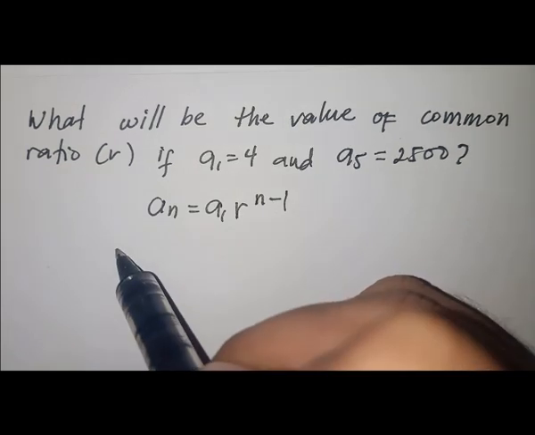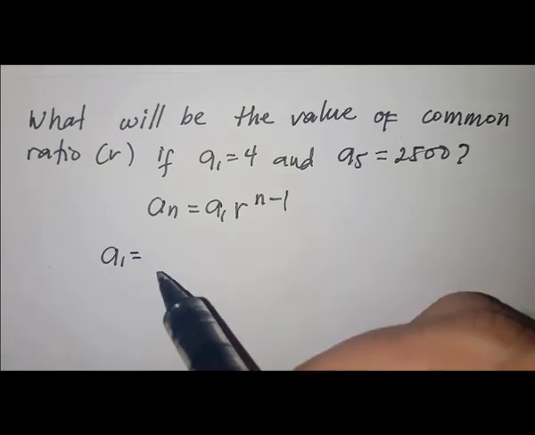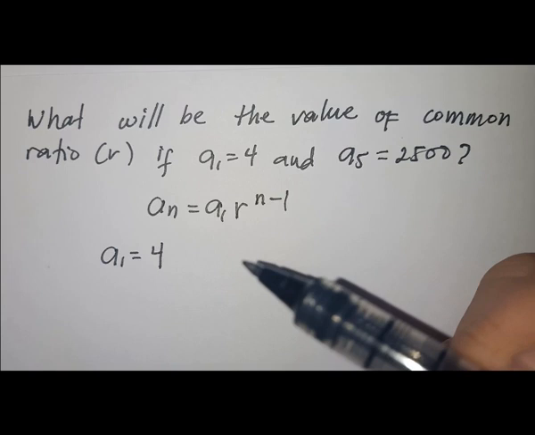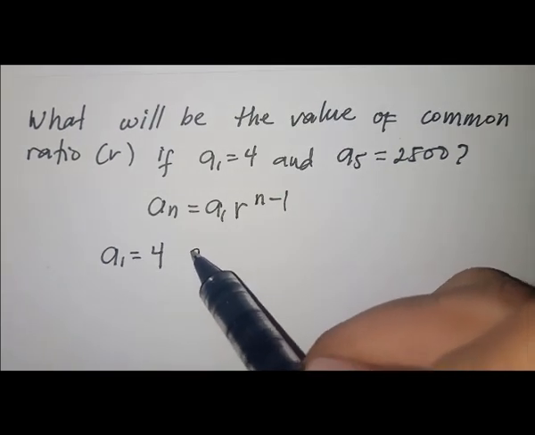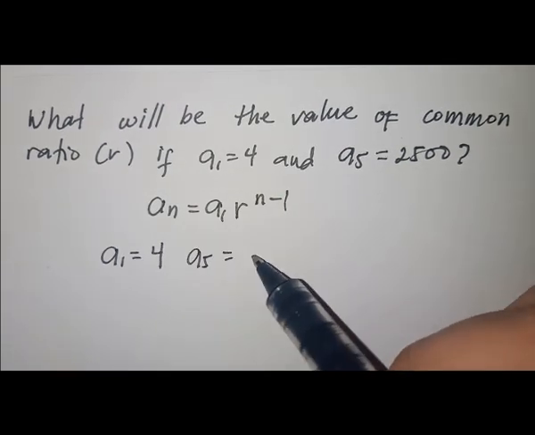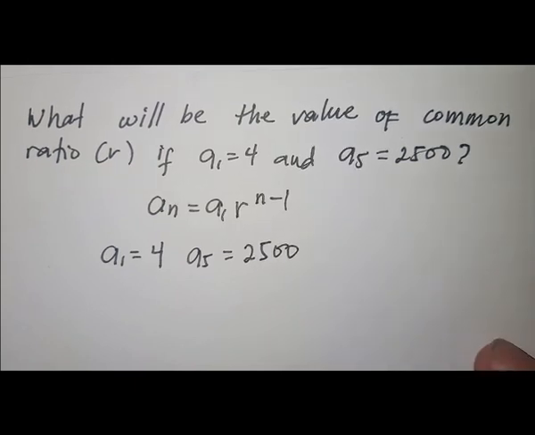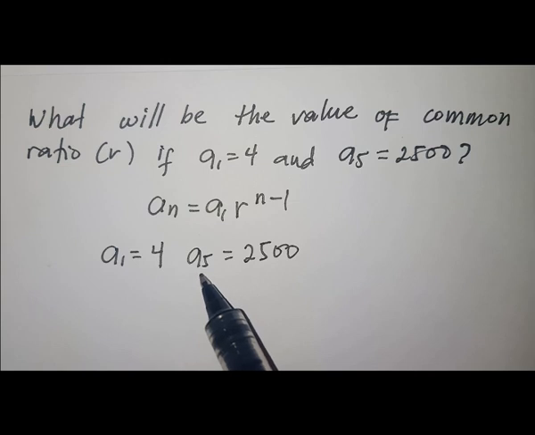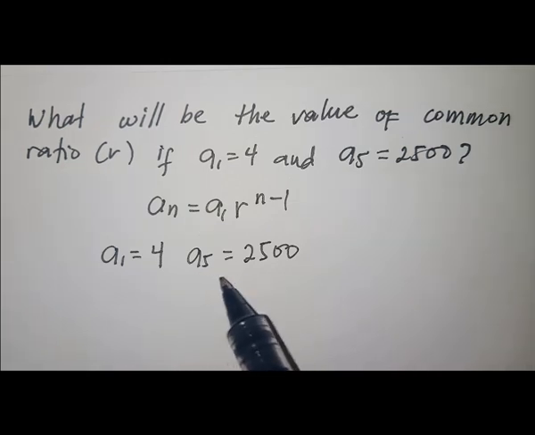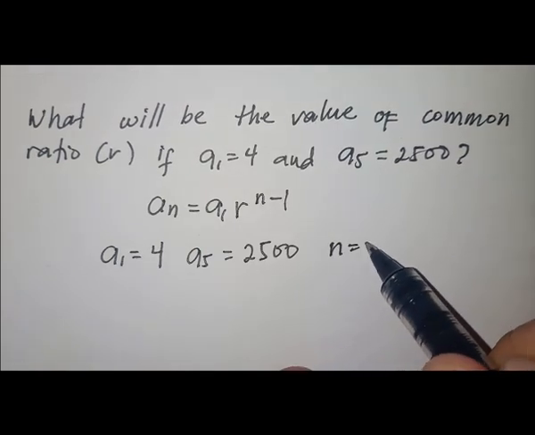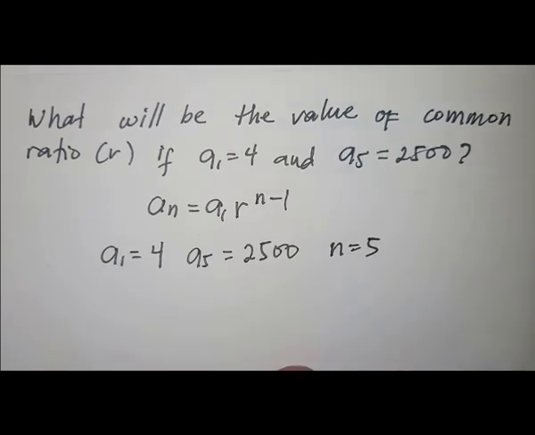Okay, so ang value raw ng a sub 1 natin ay 4, a sub 5 is equal to 2,500. Dahil a sub 5 yung pinaka last natin, let us try to consider this as your last term, so your n is 5.